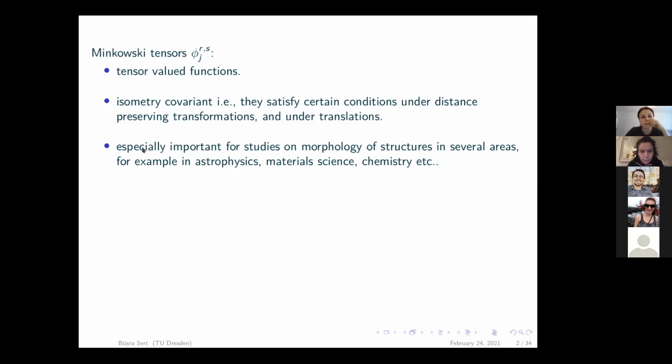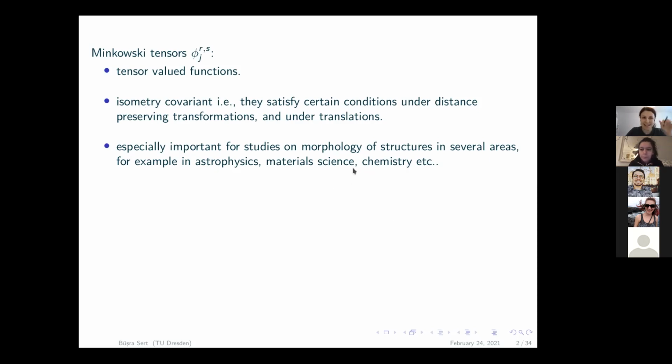They are especially used for studying the morphology of structures. For example, in astrophysics, they are used in studies on the morphology of galaxies. They are used in material science, in studies on the geometry of microscopic structures.